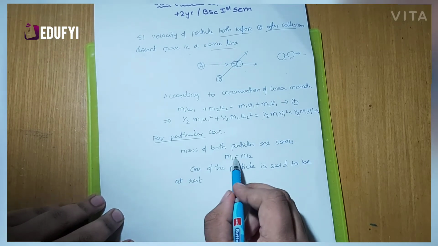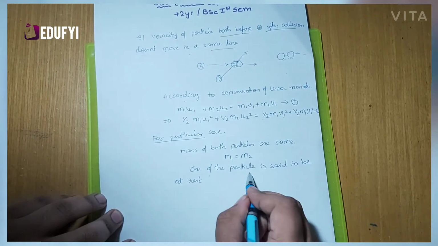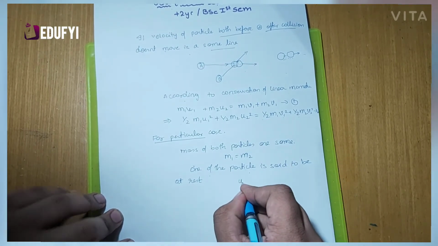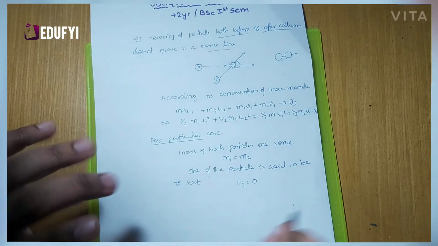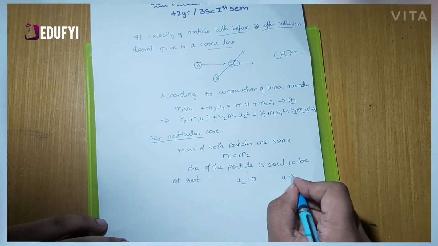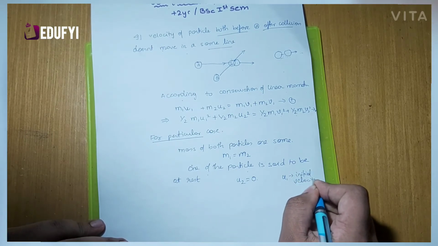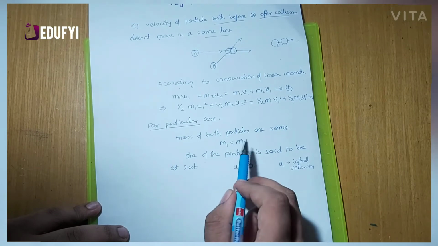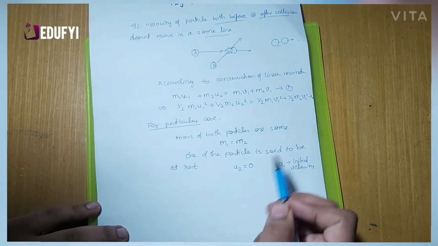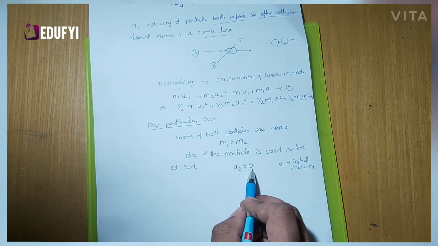Let us consider the second particle to be at rest, so u2 is equal to 0, whereas u1 has some initial velocity.